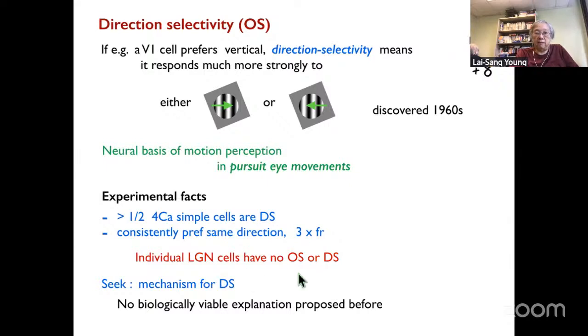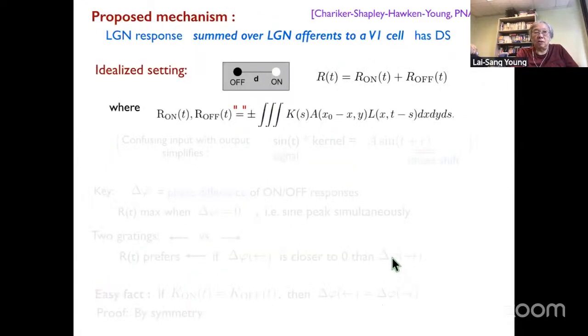So LGN cells have no properties of this kind, but the V1 cells do, and we're looking for a biologically viable explanation, and none was proposed before for primates. This is the last part of the story that I want to tell. The proposed mechanism is about as simple as can be.